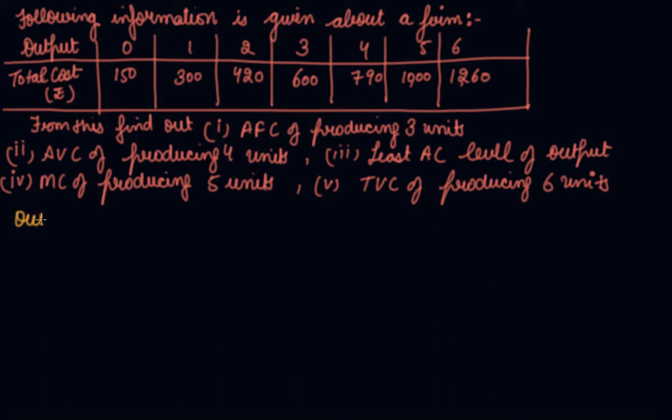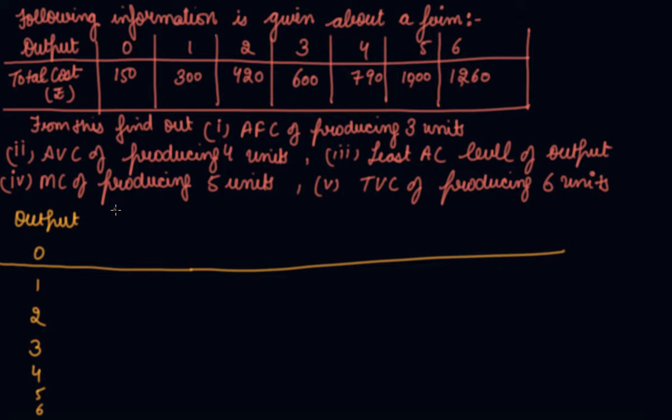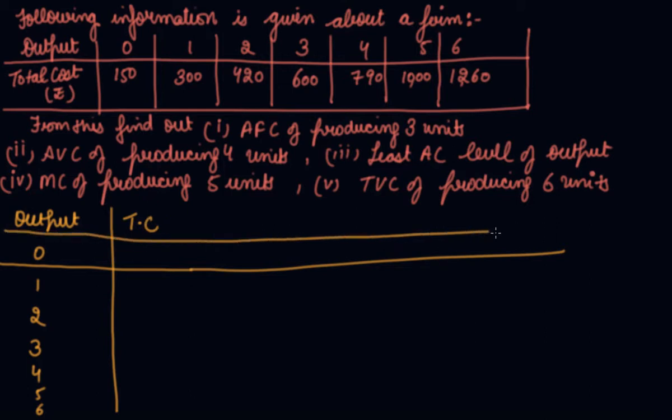So your output is 0, 1, 2, 3, 4, 5 and 6, right? Your total cost at 0 output is 150.